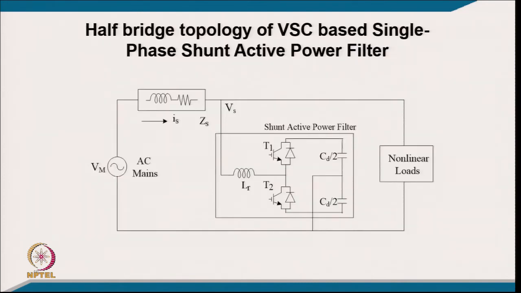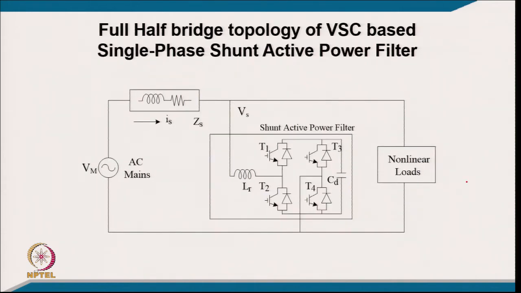So, if we talk about topology based classification, we have a half bridge for the shunt active filter using a voltage source converter. You have a DC link, but the major drawback is that this capacitor has the total current going through it. So, the size or value of the capacitor is very high, and because of this reason it cannot be scaled up for large ratings. But this bridge structure with the capacitor filter you can take to high ratings.